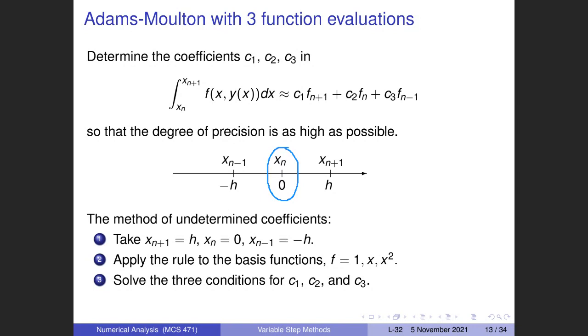So we use SymPy again to formulate the conditions on the rule. In particular, the basis functions are integrated correctly. That will lead to a linear system with a parameter h that SymPy can solve very easily, and that will give us the explicit values for the three coefficients in this rule.